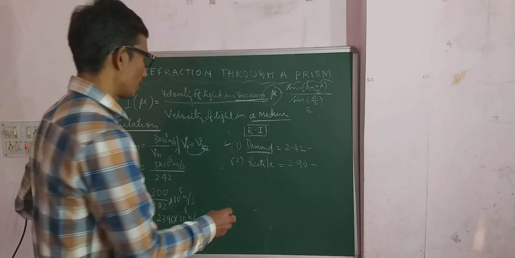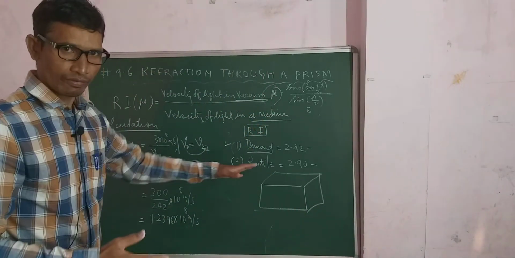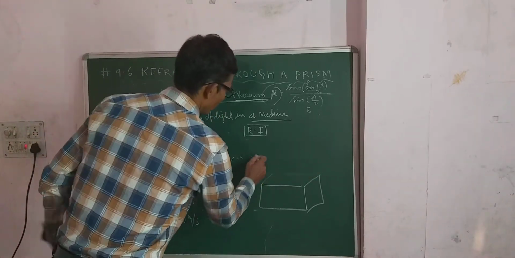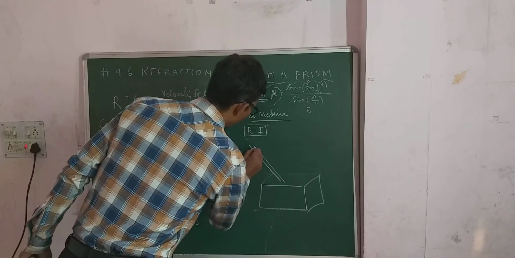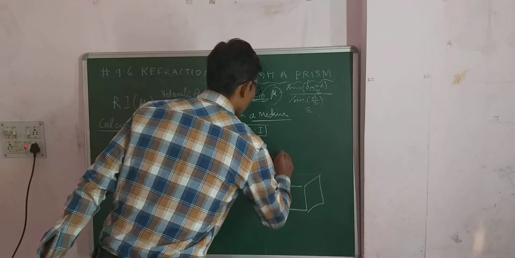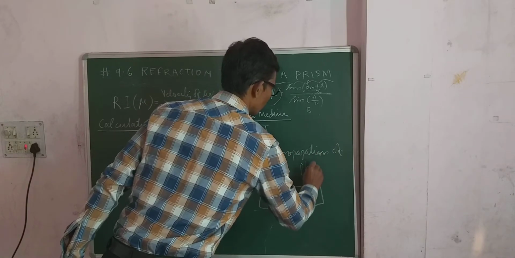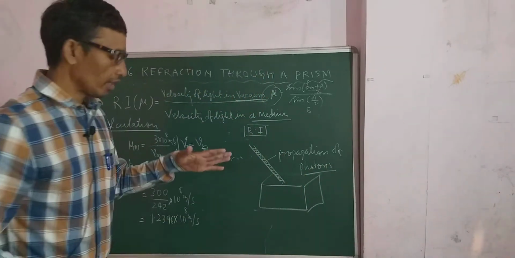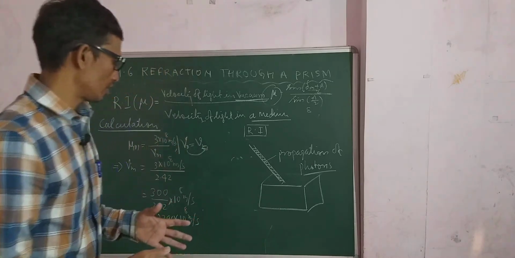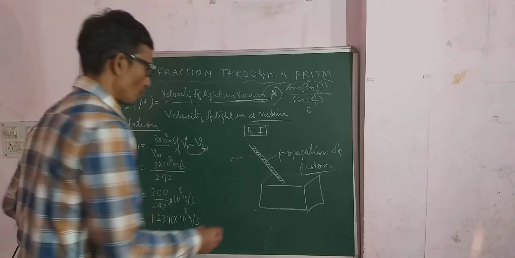So whenever the light strikes a denser medium, suppose this is the 3D shape of a slab, when the light strikes this, this is the propagation of photons. When they strike a hard body, a hard material like diamond, whose boiling temperature is so high, up to lakhs, it is very hard.